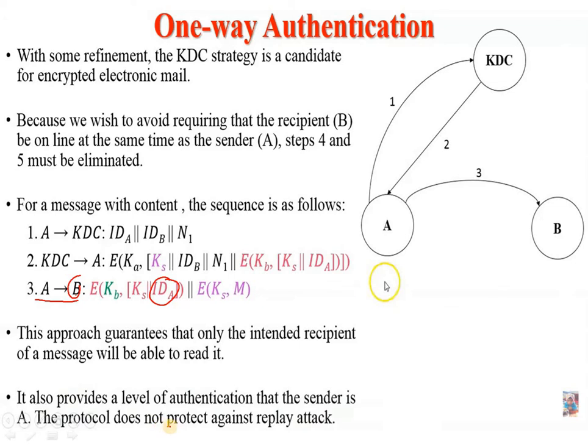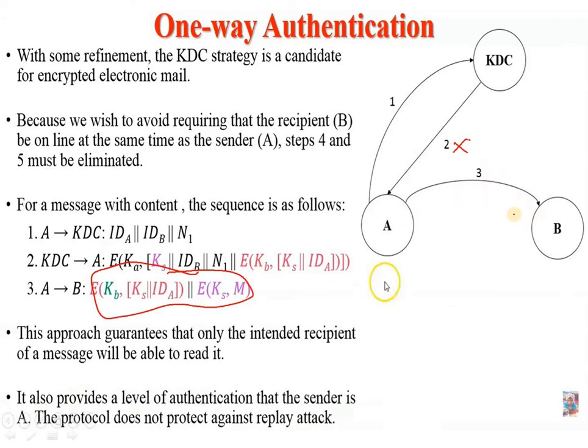The protocol does not protect against replay attacks. This one-way authentication protocol does not give you protection against the replay attack, because what an opponent or attacker can do is take a copy of this message and share it to B after some time.